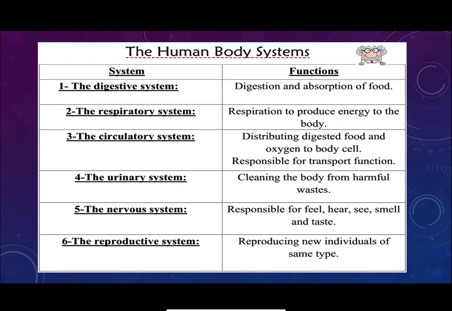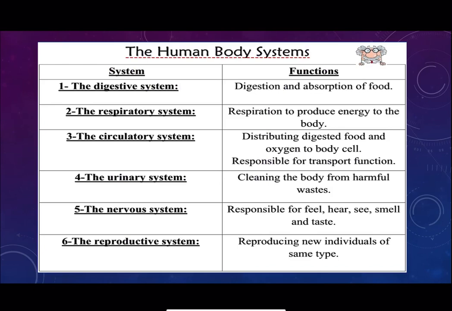You will take only 6 of them. The first one, the digestive system. Its function is to digest and absorb the food. Number 2, the respiratory system. It's responsible for the breathing process or respiration process. Why? To produce energy.